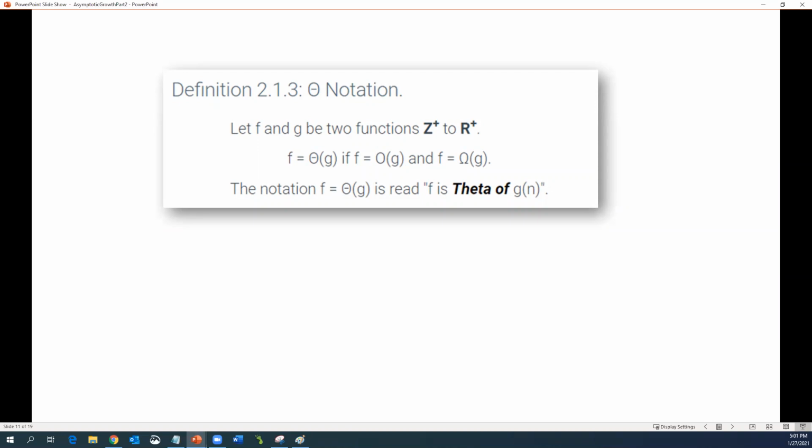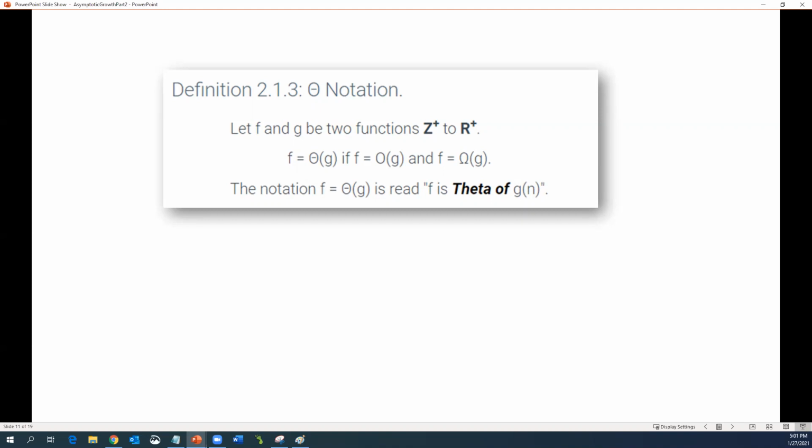But if we can find a function g such that, using one constant, we could say that f is O of g, but f is also omega of g, which means the opposite, but for a different constant, then that gives us a great idea of what the shape of the function is, right?